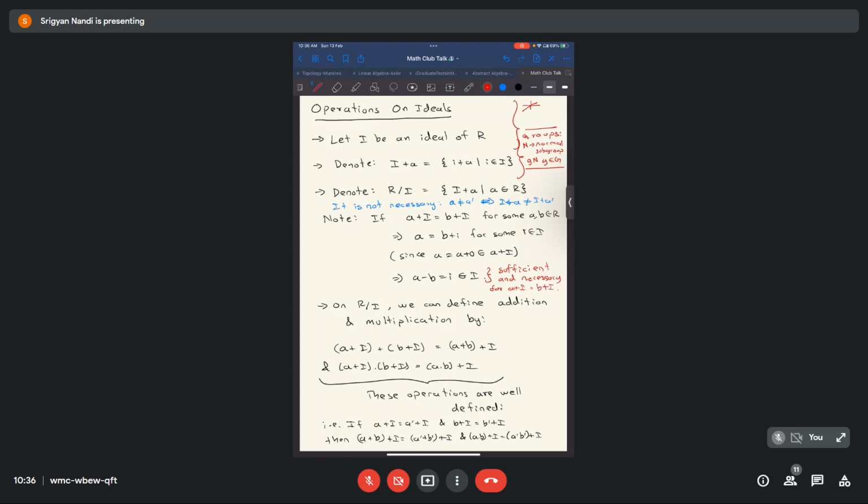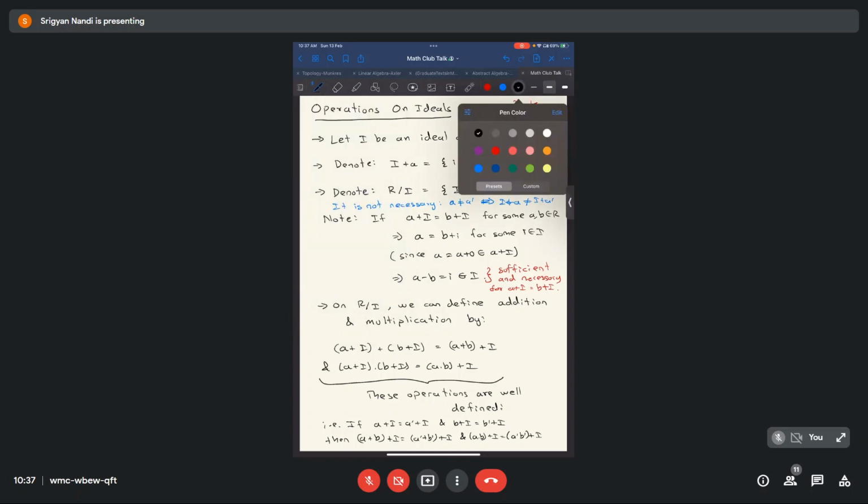Okay. So now that we are a bit more familiar with the quotient of the ring over an ideal, which is the set R by I, just like we do in groups and vector spaces, you might have guessed that we can define an addition and multiplication on the quotient, and that is again given by the intuitive definition.